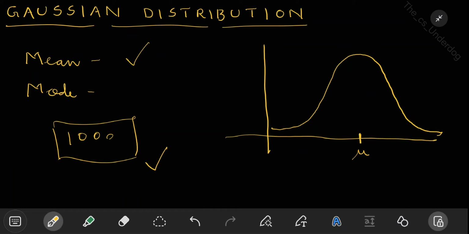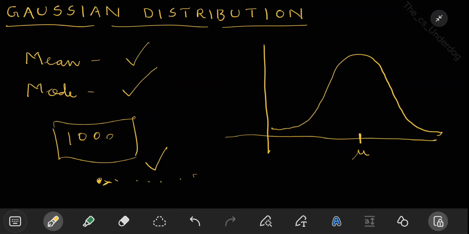When you did this experiment 1000 times, whichever value that occurred most number of times in the experiment, there would be some value. If you see, out of this 1000 times, let us say maybe 15 times or 20 times, which is the maximum number of times one particular value would have occurred. That value, that is what you call as mode.